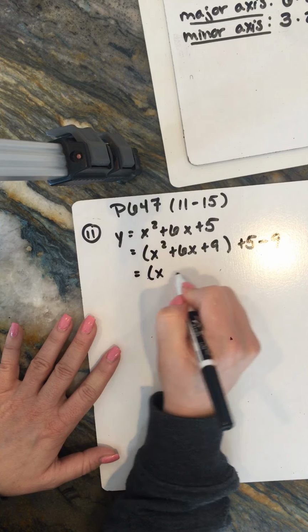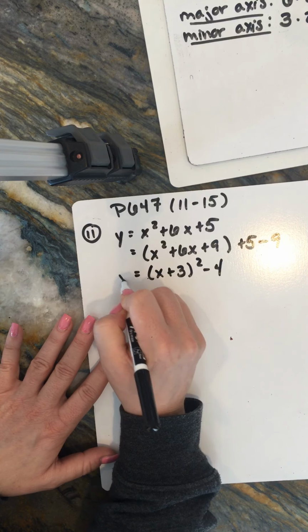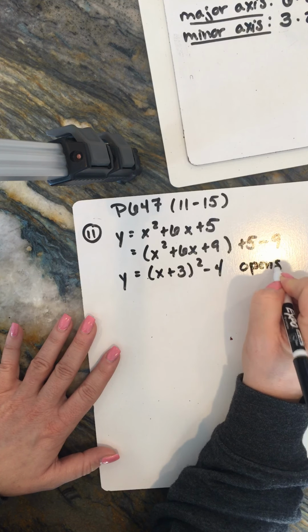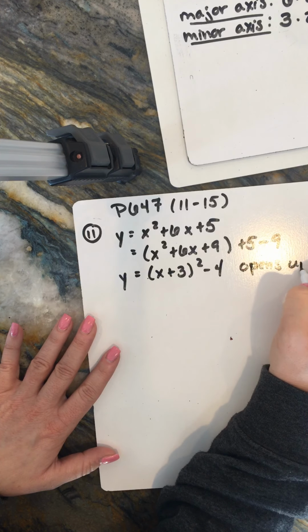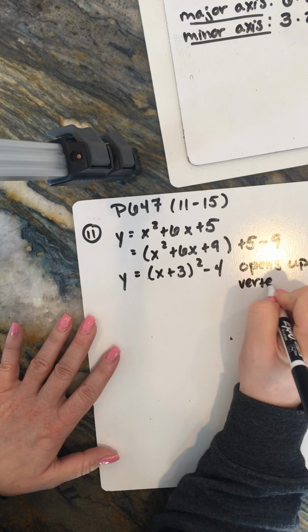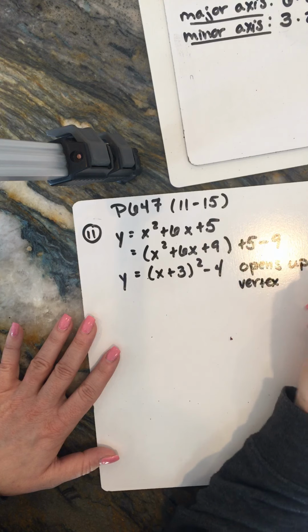So then we've got x plus 3 quantity squared minus 4. We know that this opens up because a is positive, so it opens up. The coordinates of the vertex are -3, -4.